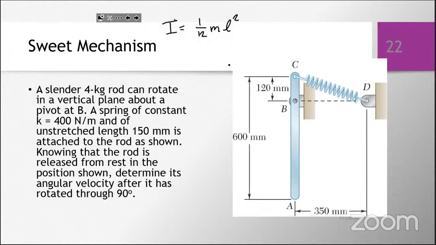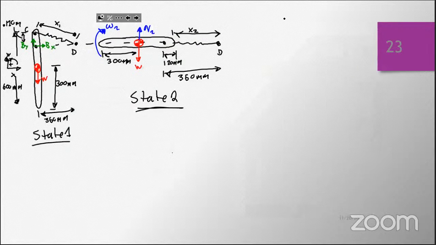First is how much energy do I have to start with from this picture? And how much energy do I end up with in state two, right? And I know that I want this to rotate by 90 degrees. So the first thing I'm going to do is draw this system in two states, like this.